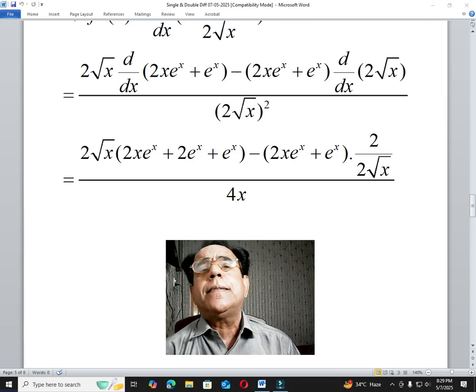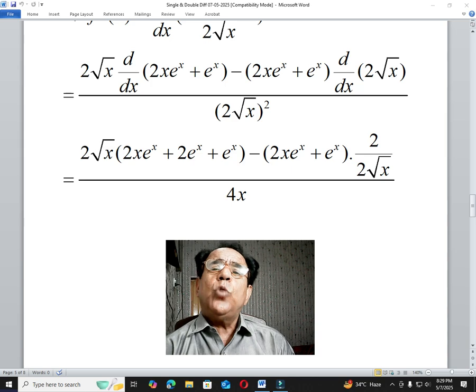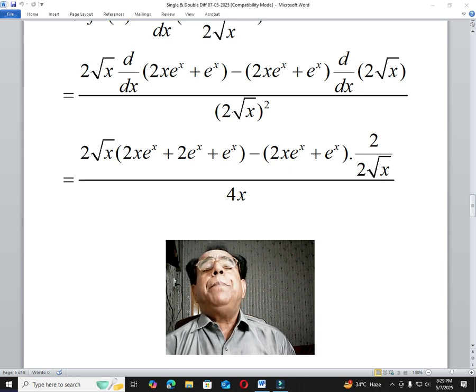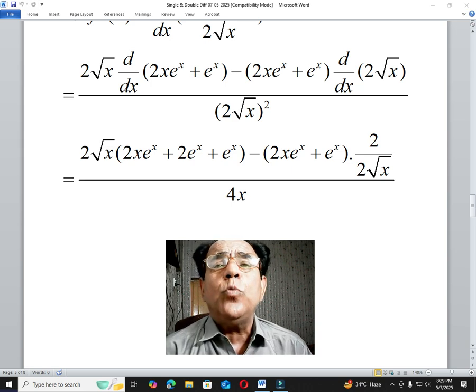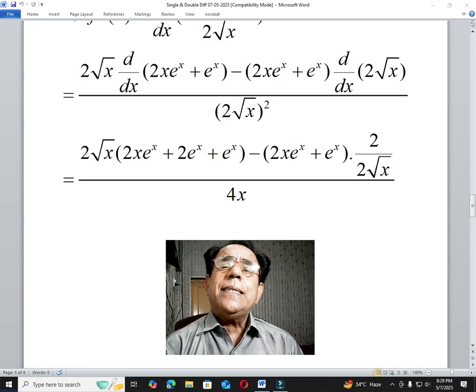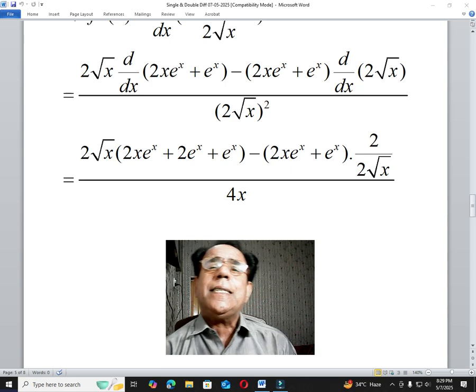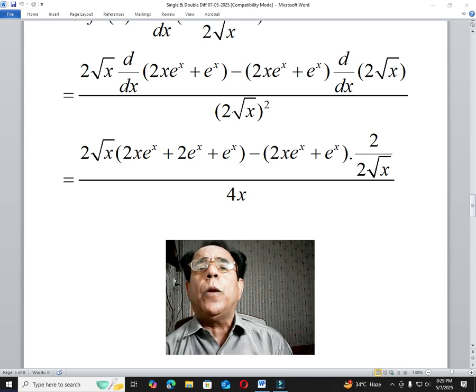minus 2x into e^x plus e raised to power x will remain as it is, and we are going to differentiate 2 into x square root or x under root. Here 2 is common, 2 is a constant, so it will not affect, so it will be written as it is, but x under root can also be written as x raised to power 1 by 2. So here while differentiating this we will have to apply power rule.